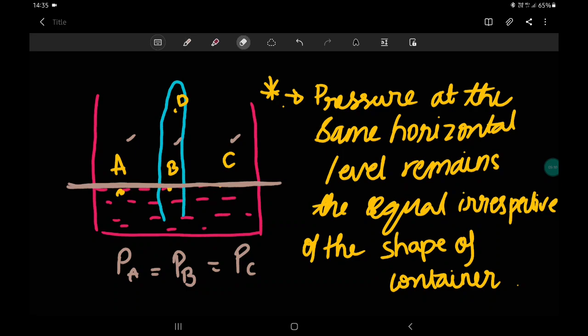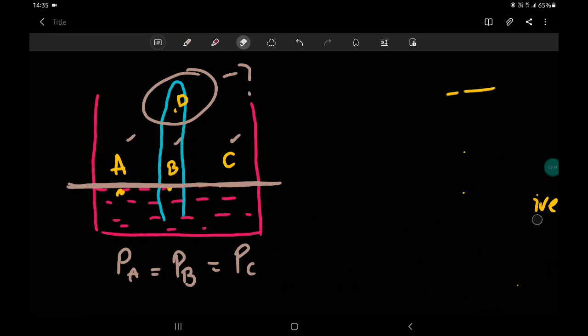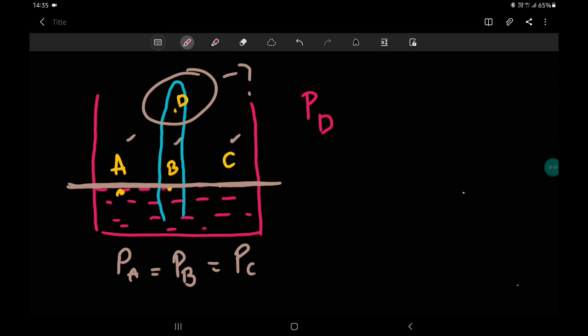But now someone asks you what is the pressure at D? Then what will be your answer?